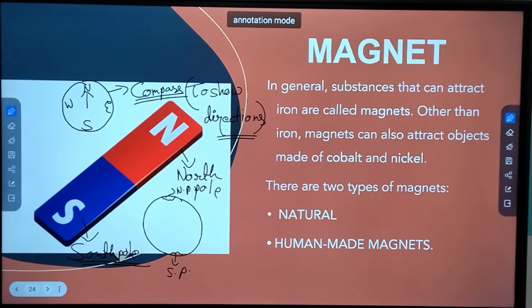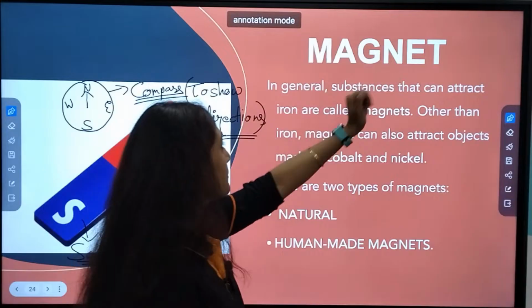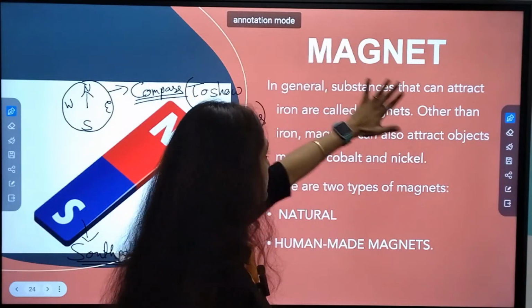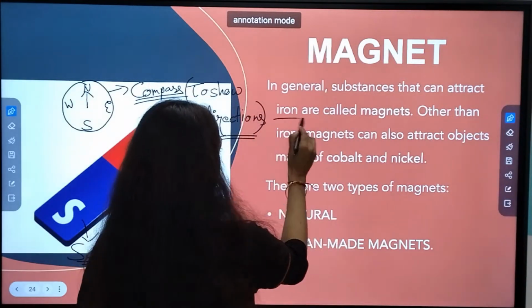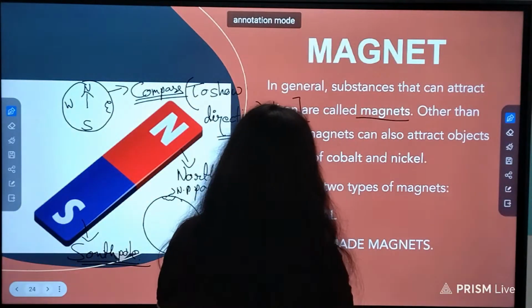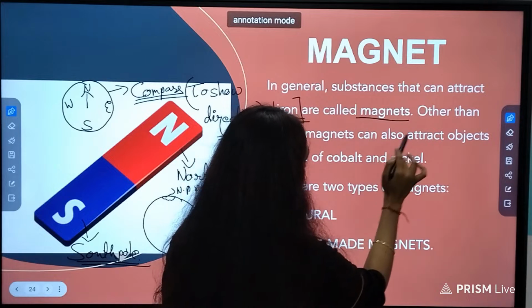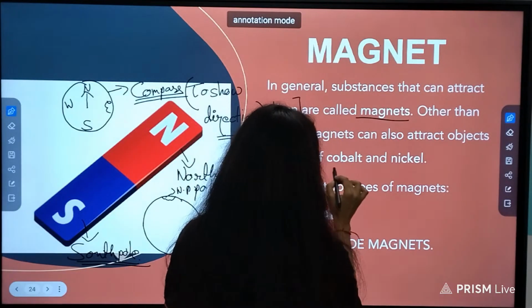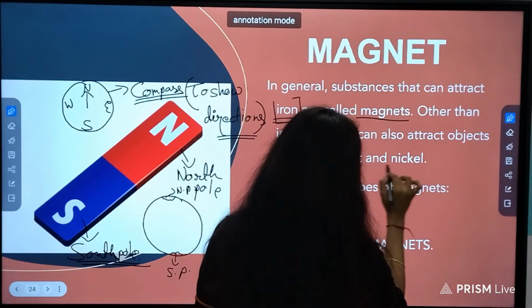Okay, so let's see what is written now. A magnet is a substance that can attract iron. Other than iron, a magnet also attracts substances made up of cobalt and nickel.